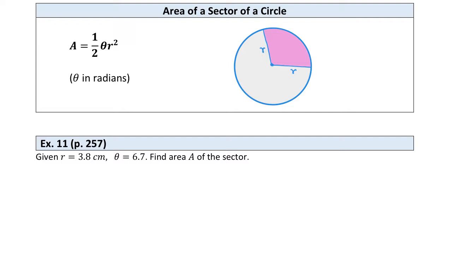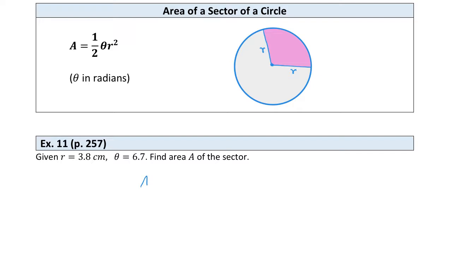Let's apply this formula in exercise 11 on page 257. Here we are given that the radius of a circle is 3.8 centimeters, theta is 6.7 radians, and we have to find the area of the sector. To find this area, we will replace theta with 6.7 and r with 3.8.